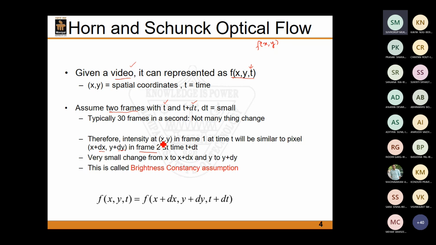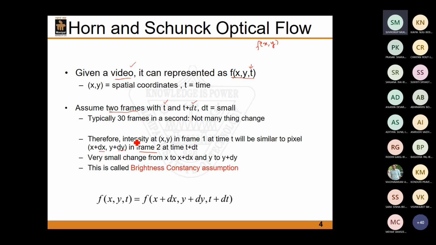So if I look at the intensity at the location xy in frame 1 and compare that with the next frame, where the pixel has moved to x plus dx, y plus dy, the second frame means at a time of t plus dt.